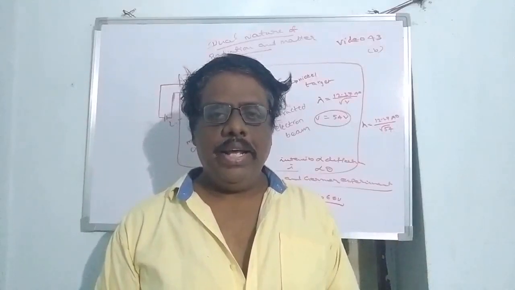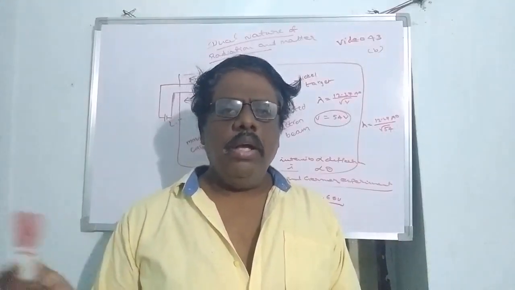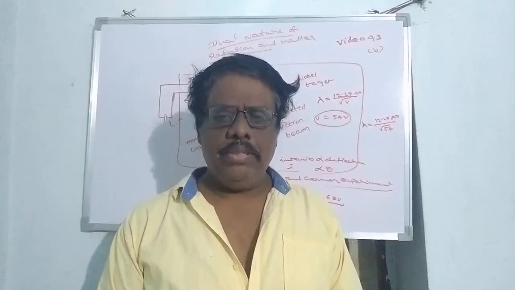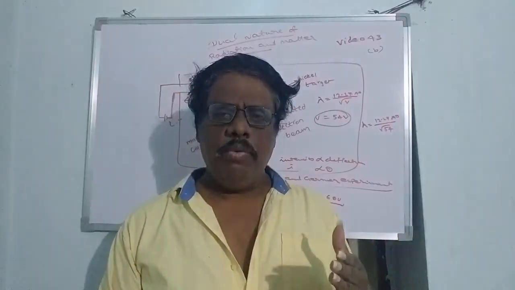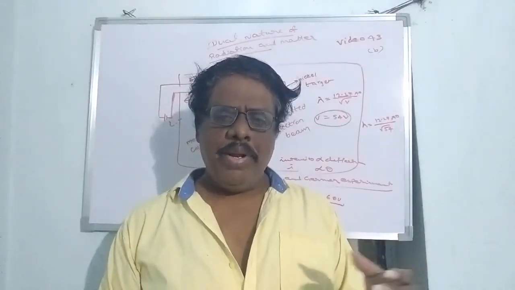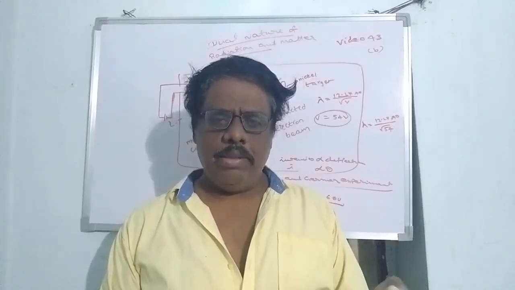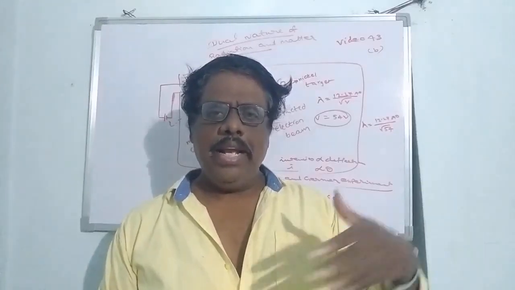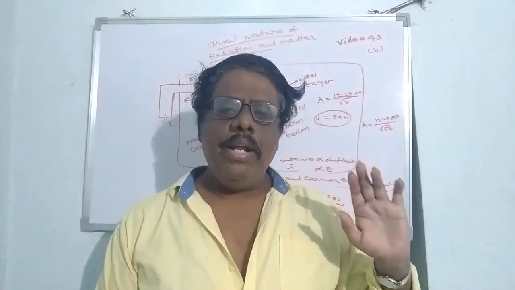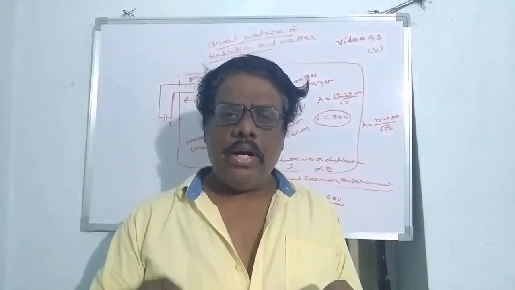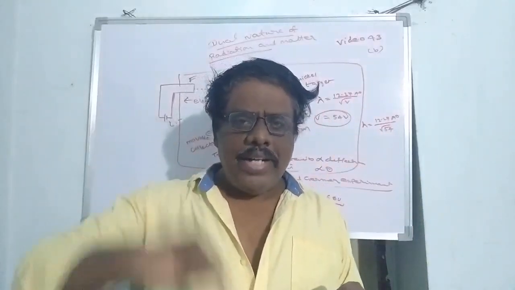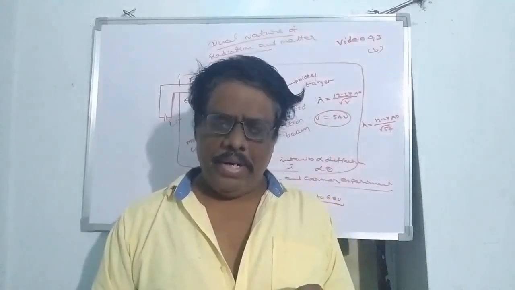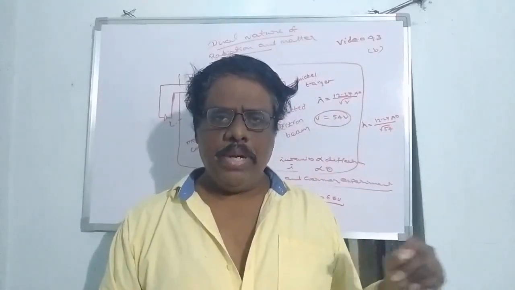That's why they are called photosensitive metals. When light falls on these photosensitive metals, the electrons absorb energy from the photons and are liberated from the photometal surface. They are called photoelectrons. This effect is called the photoelectric effect. That is also important.